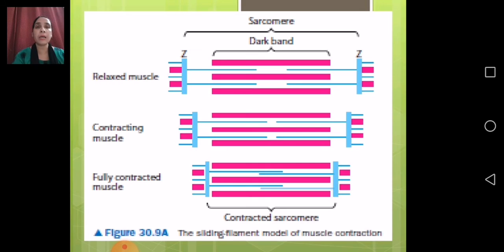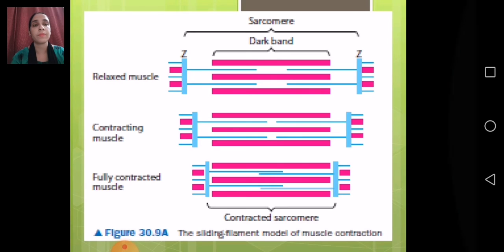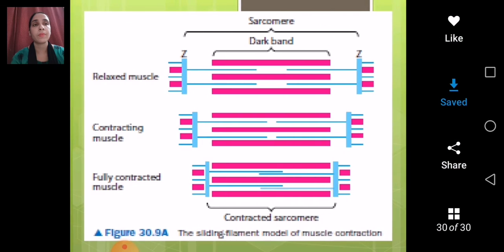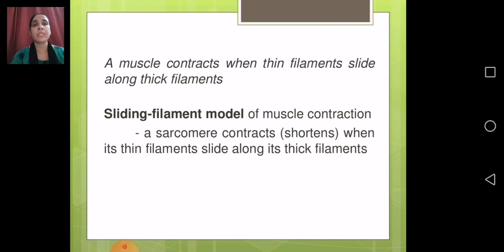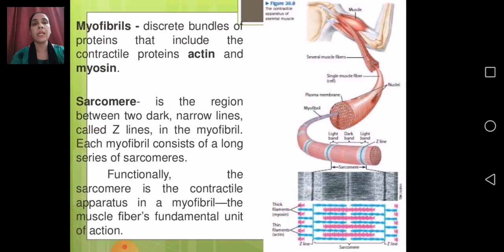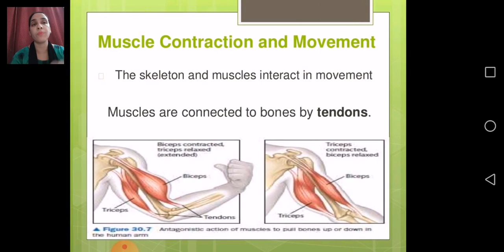This diagram will help you understand how muscles contract at a particular place, how they contract with each other. I hope now it is clear to you all, muscle contraction and all, thin filaments and everything related to our muscles, and how these muscles allow movement.